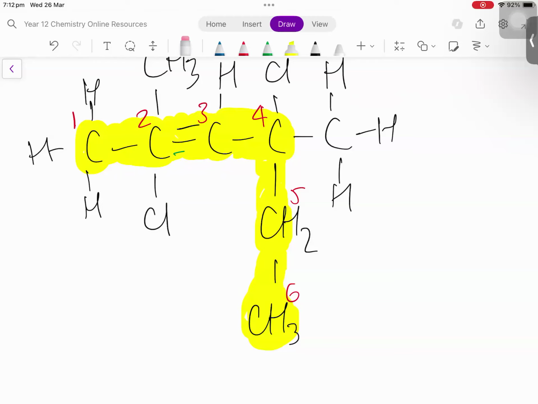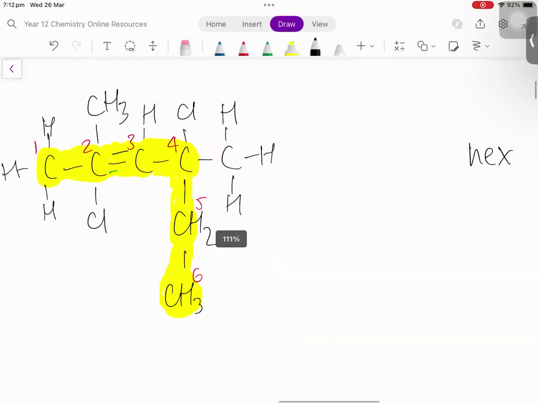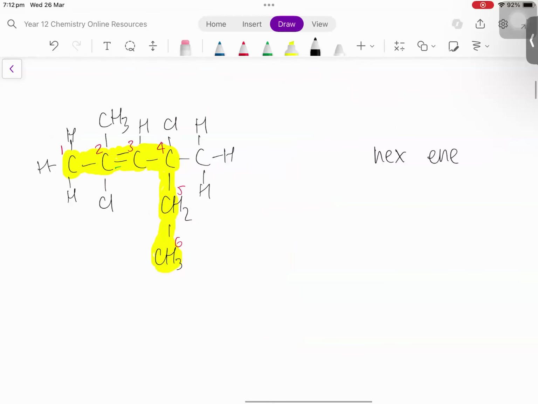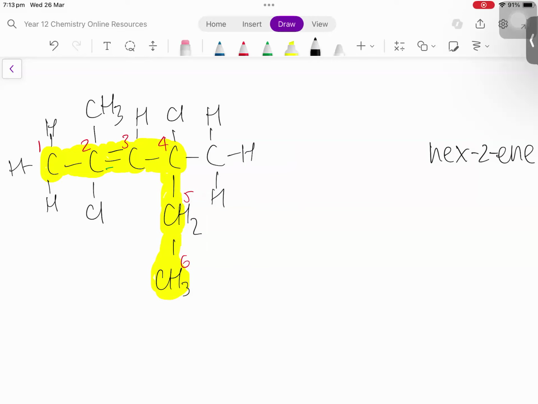Okay, so in the red way, carbons 2 and carbons 3 are in my double bond. Which number am I going to mention in the actual name? Carbon 2. Cool. So the parent chain name at the moment is hex-2-ene. Carbons 2 and carbons 3 are in my double bond. I'm going to take the smaller number, which is 2.